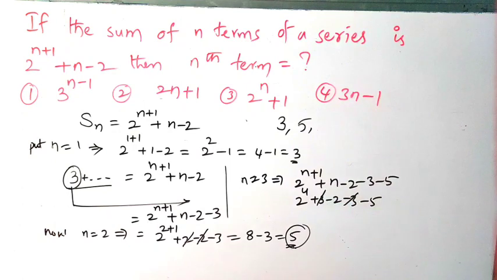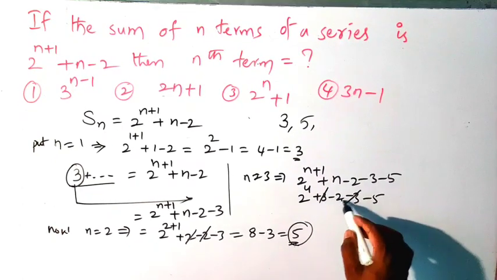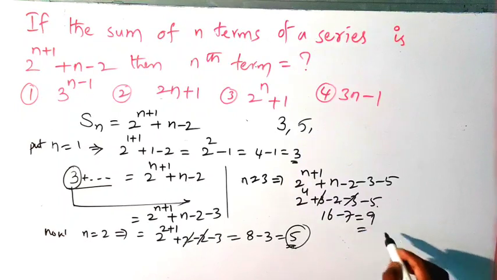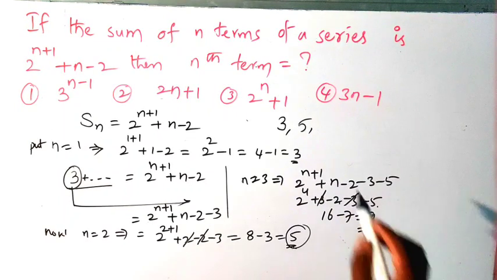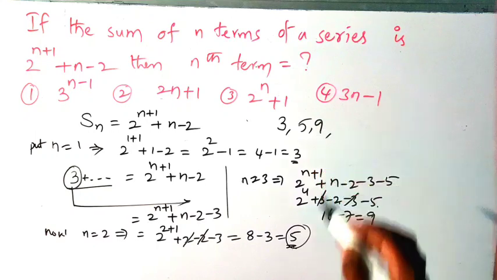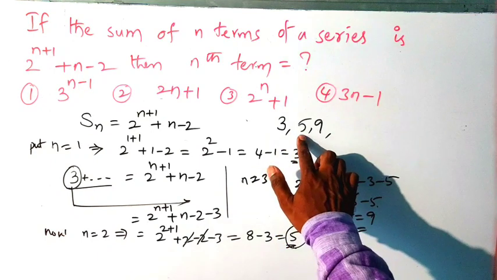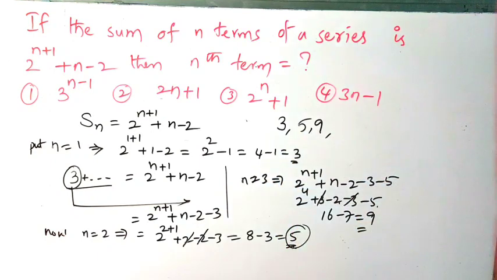The plus 3 and minus 3 cancel. 16 minus 7, that is nothing but 9. So we get the third term also. What is the difference here? 3 plus 2 is 5, 5 plus 4 is 9.